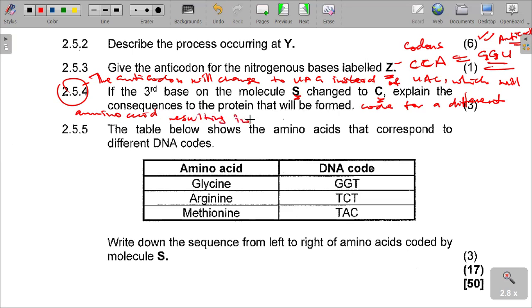Resulting in a change of the sequence of amino acids. That's what is happening there. It's mutation. They are just asking you a question about mutation in this regard. If that changes, the anticodon will change also.